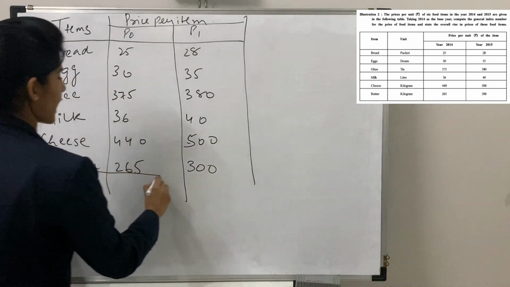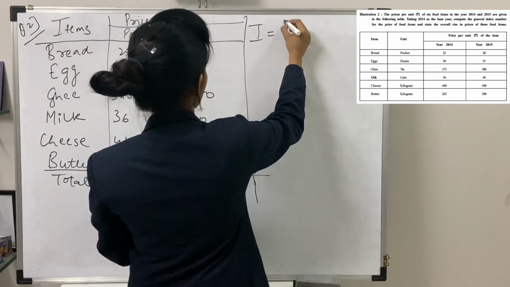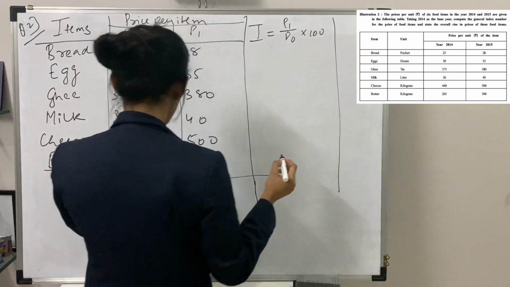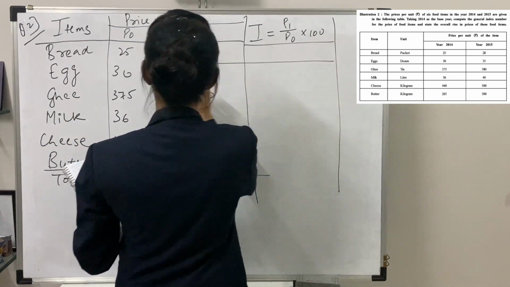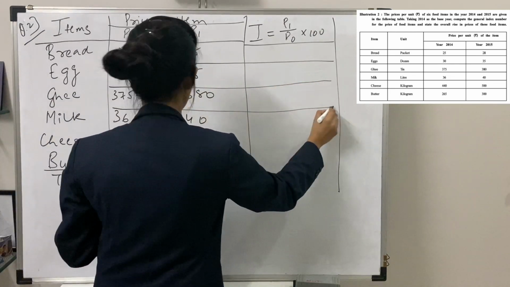Now moving on to the calculation for your index number. Here your index number is P1 upon P0 into 100. So doing the calculations, 28 upon 25 into 100, just to do it separately for separate items.